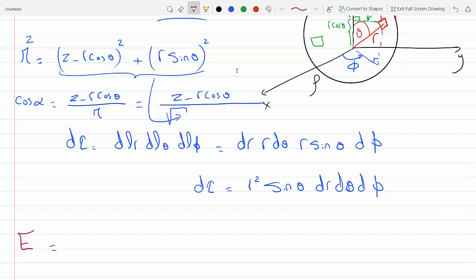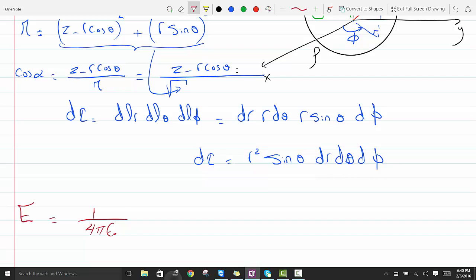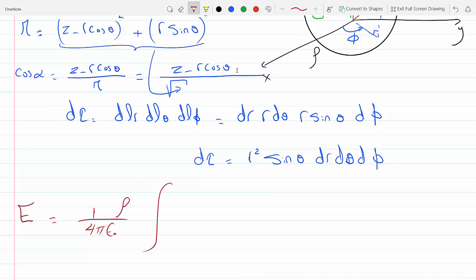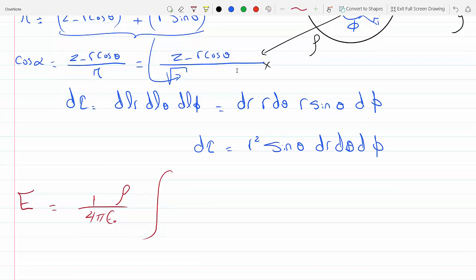So E will be, so this is Ez, we'll just put it in the z direction, 1 over 4 pi epsilon. Rho, I can pull rho out because it's uniform. Integral of d tau. So this is technically a triple integral.